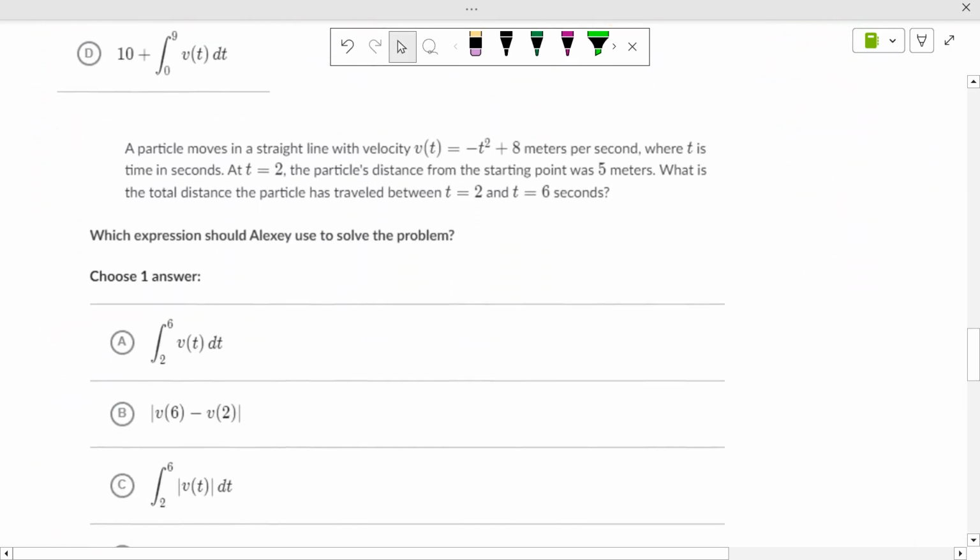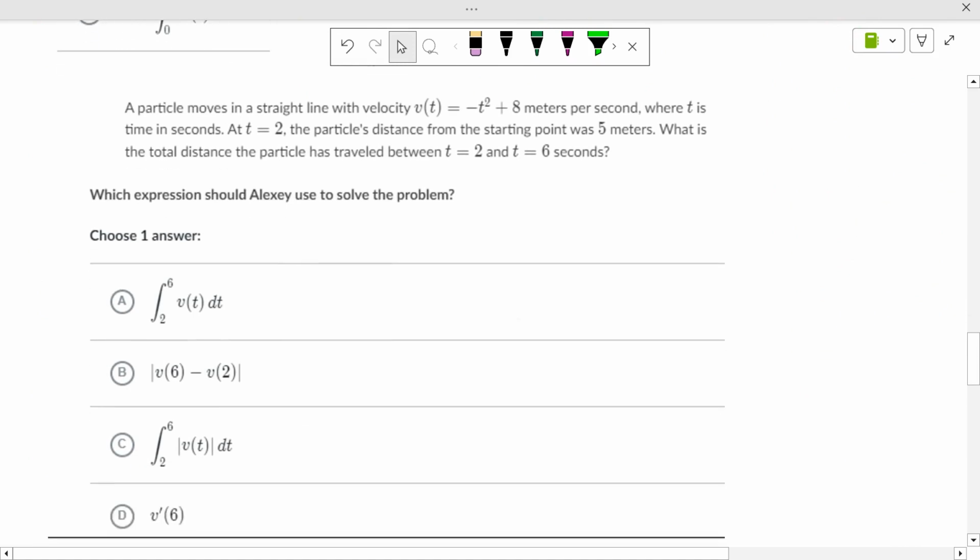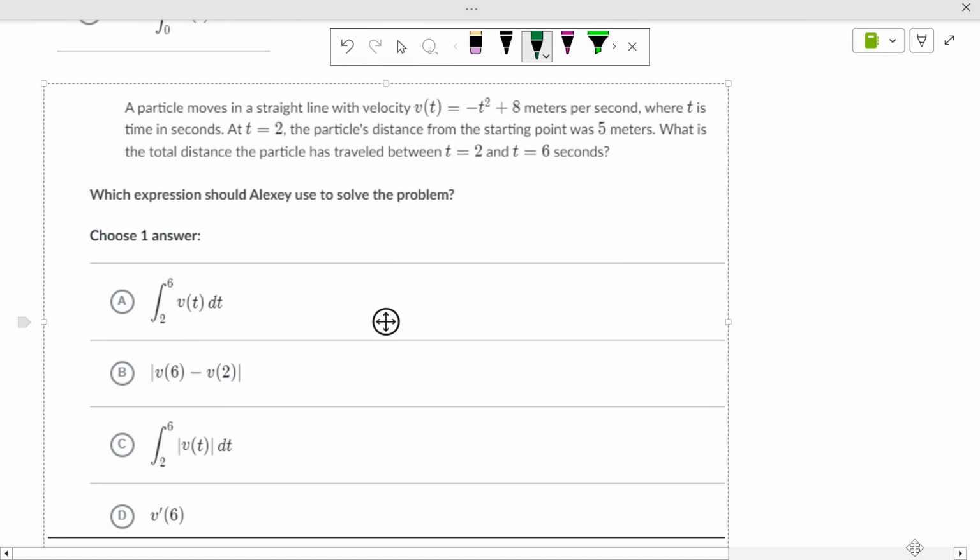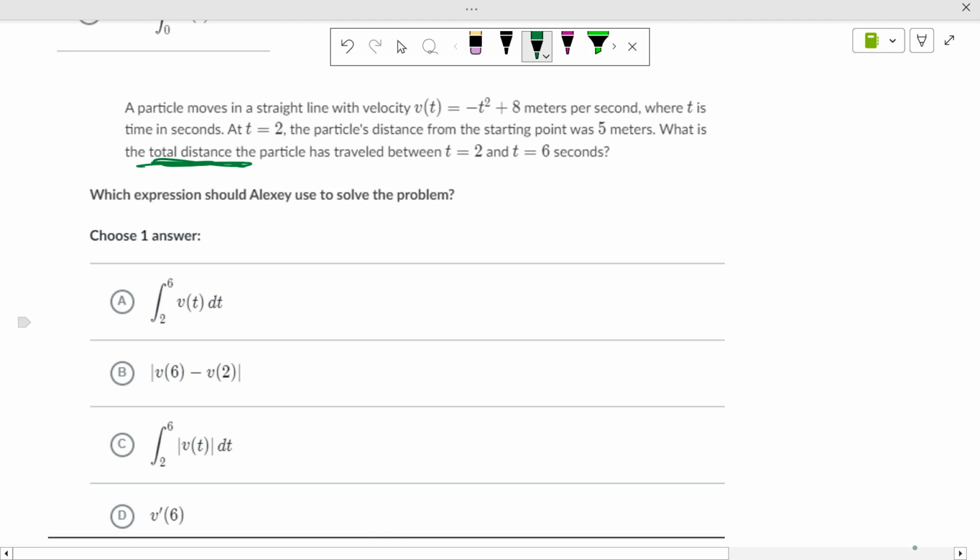Okay? A particle moves along a line, v sub t, where t is the time. At 2 seconds, the particle's distance from the starting point is 5. What is the total distance? It's not position. It's not displacement. It's total distance.